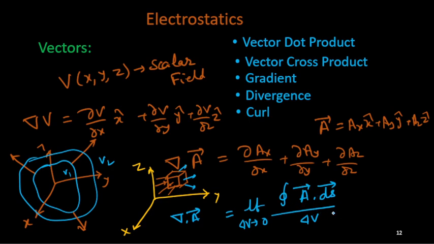This is very useful. We'll be using the divergence method, and here the divergence theorem will be there. That will relate the surface integral to the volume integral, the divergence theorem.